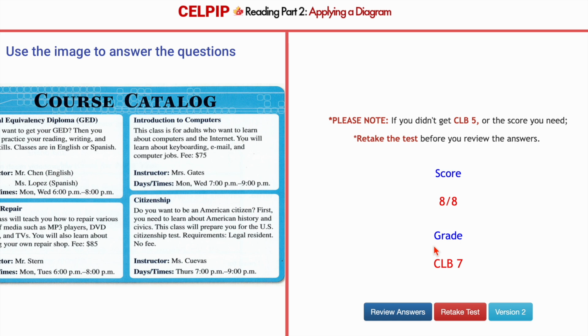And level 7 or higher, you need to get everything correct in this part. Well, almost everything. Level 5-6, you need about 5 correct. And 7 or higher, you need 7 or 8, almost everything correct.